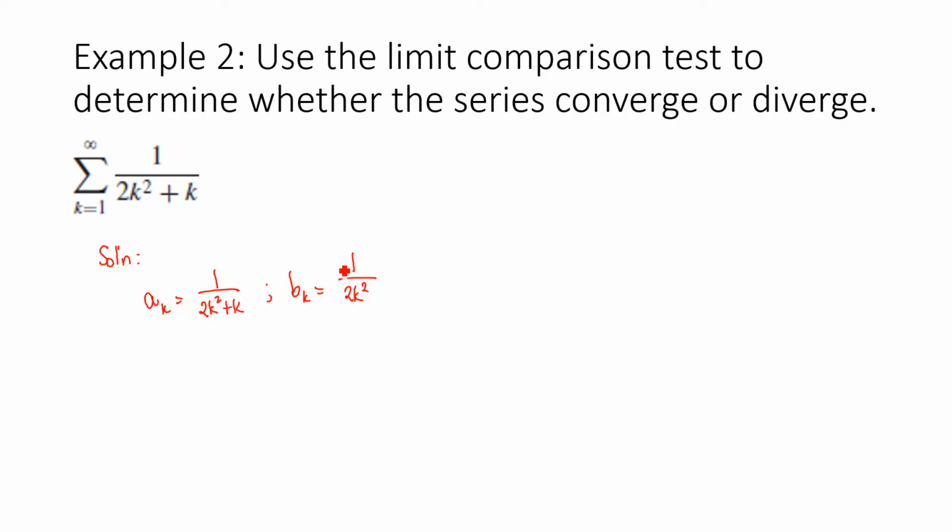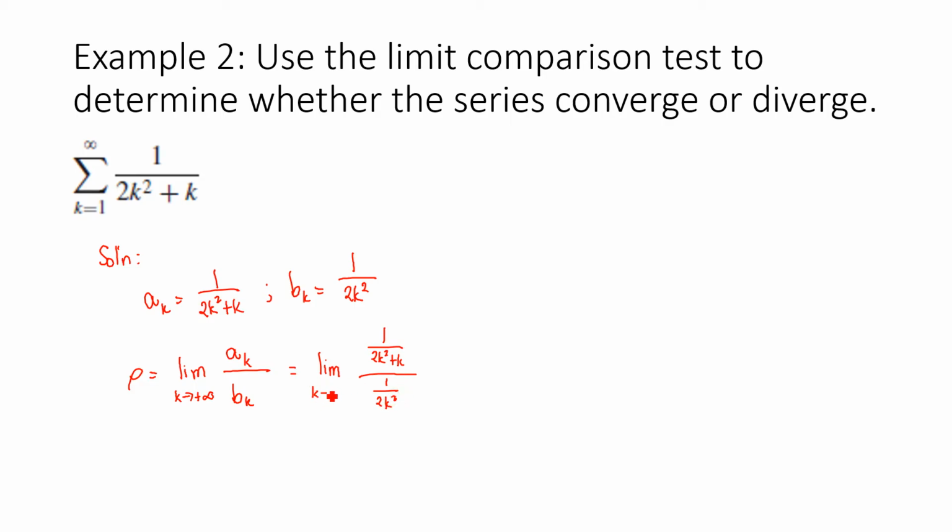So in this case, we could obtain from the formula that rho is equal to the limit of a sub k over b sub k as k approaches positive infinity. It's equal to the limit of 1 over 2k squared plus k, over 1 over 2k squared.